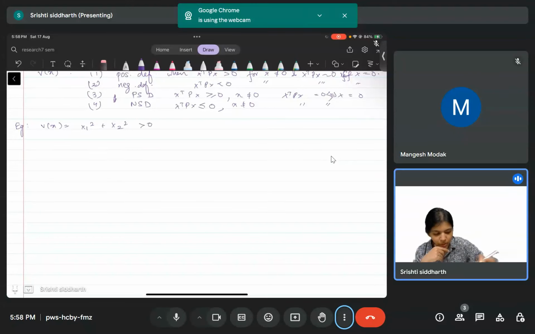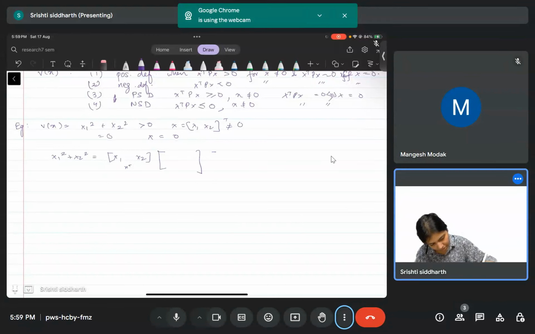This is going to be always greater than 0 for x non-zero, and this is equal to 0 when this vector is exactly 0. And what is the P matrix here? So let's just write this down. This is actually x transpose, x1, x2, and this is going to be x1, x2.